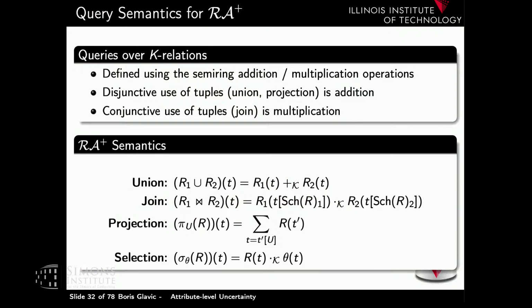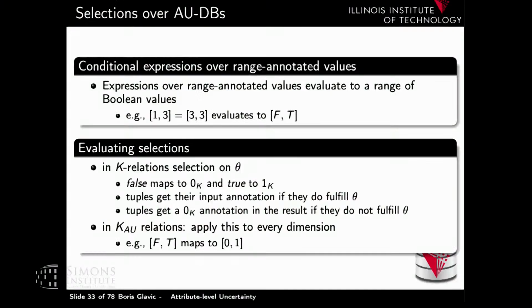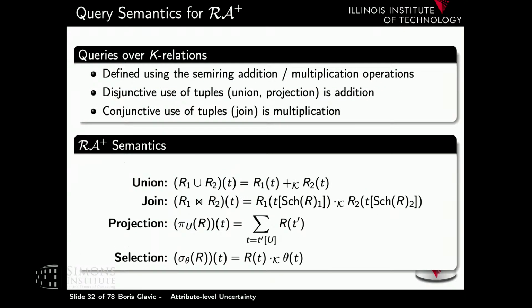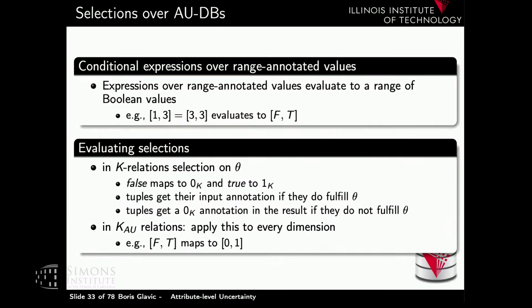If the tuple fulfills the condition, then it's the one element of the semiring and doesn't change the annotation. Otherwise, it's the zero element of the semiring, and we are deleting the tuple from the output. Okay, good. So the nice thing is this all works over this extended model too, because we just have different types of domain values. Nothing new is required except for selections, right? Because selections look at the values of tuples.